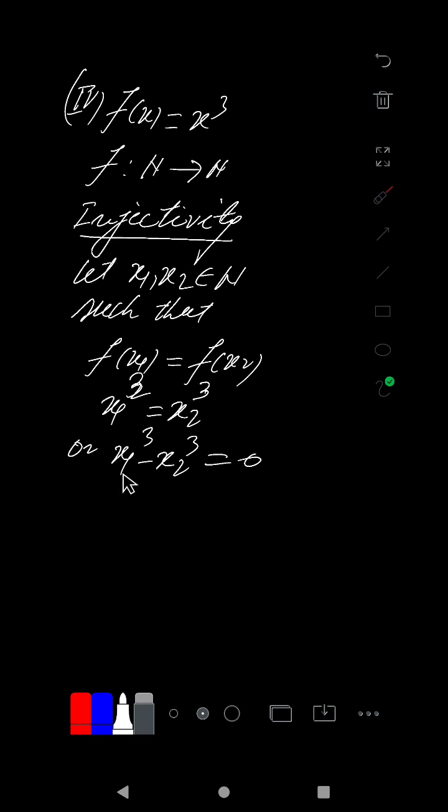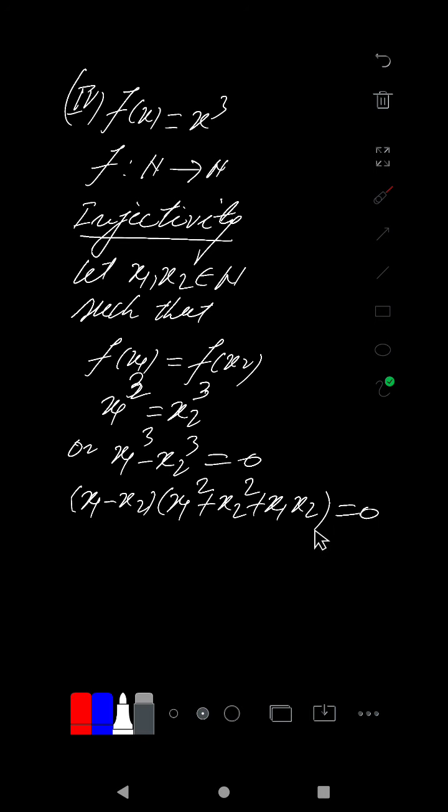Factorizing using the identity a cube minus b cube, I write it as (x1 minus x2) into (x1 square plus x2 square plus x1 x2) is equal to 0.